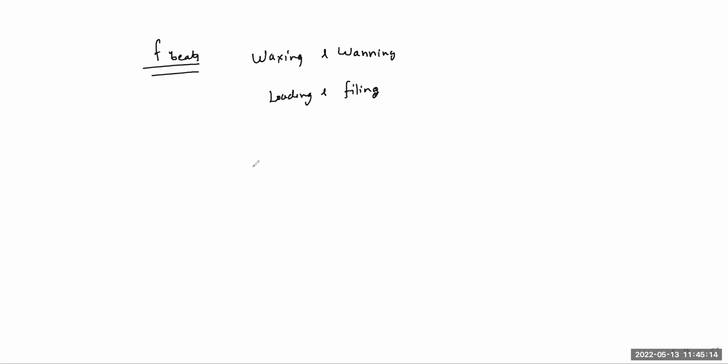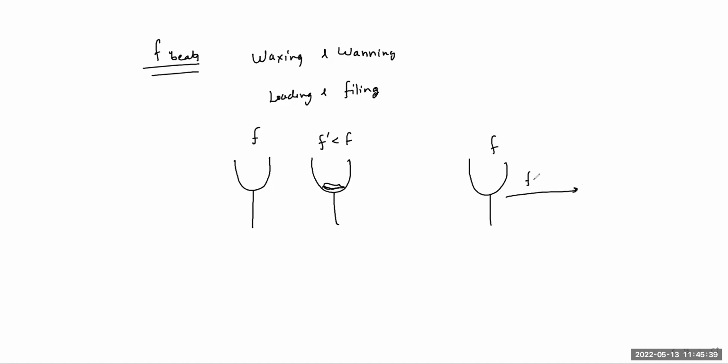So if you have a tuning fork, waxing will decrease the frequency. If it has frequency F, and you load wax, it will have frequency F dash, which will be less than F. And if you file, it will grow in frequency because you will make it lighter.